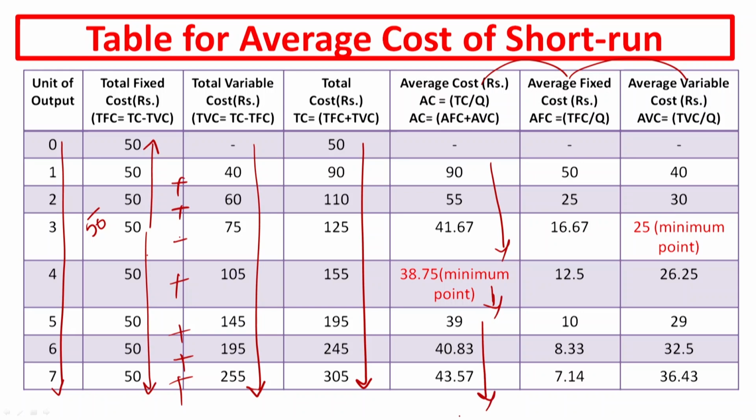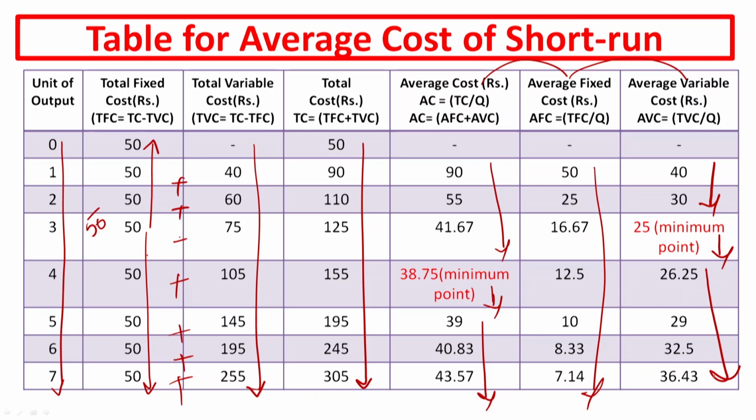Your average fixed cost will continuously fall and keep on falling. It will always be positive. It can never be negative. And your average variable cost is also falling, reaching its minimum point and thereafter increasing.